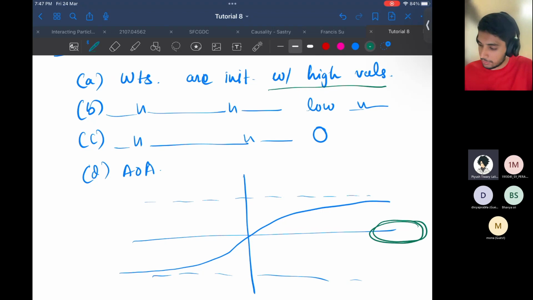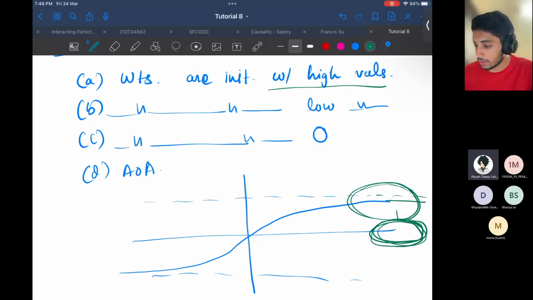You can see that tanh(x) for very high values saturates. If you take something very large and apply the tanh function on top of it, you will be in the saturation region. So this is a valid reason for the neurons getting saturated, and this is a correct option.